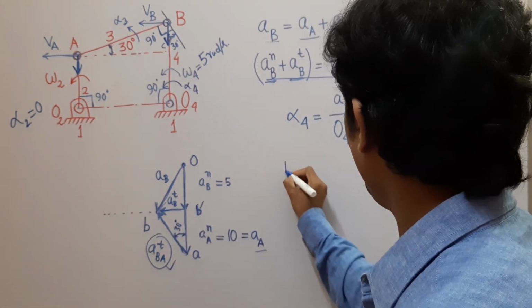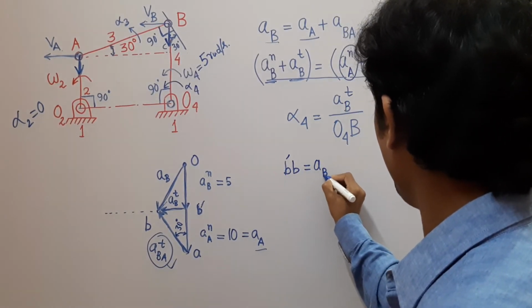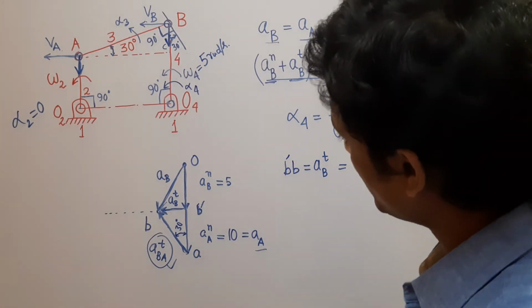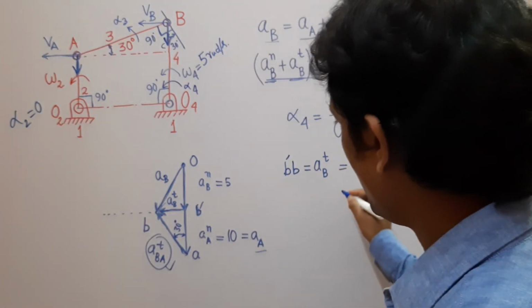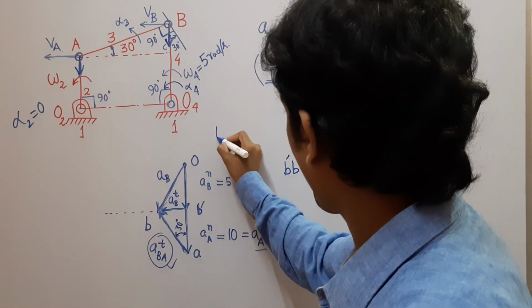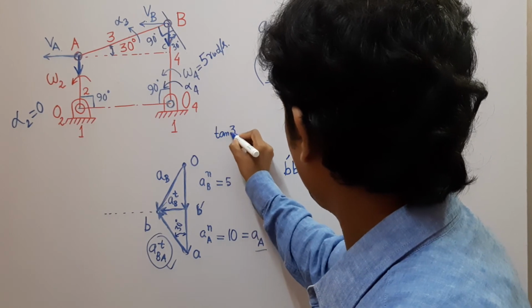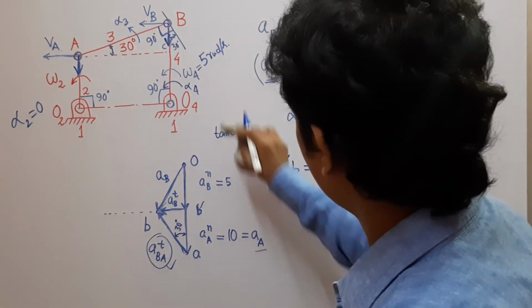What is B prime B? B prime B is nothing but ABT.